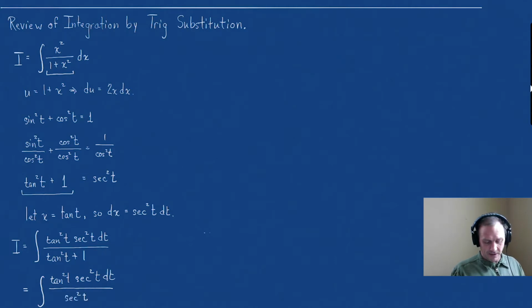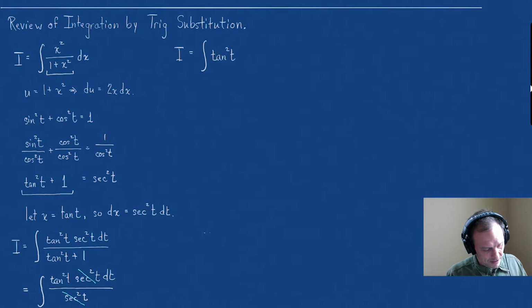Well, that worked out so nicely because that just allows us to make this cancellation. We have a secant squared in the numerator and the denominator. So let's clean up what we have. I'm going to rewrite my integral I as the integral of tangent squared of t dt.